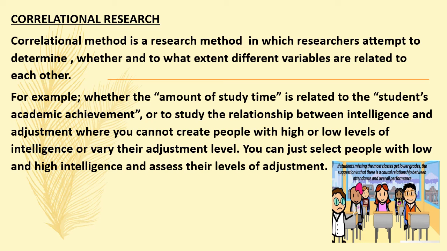You can just select people with low and high intelligence and assess their levels of adjustment. Okay, so if students missing the most classes get lower grades, the suggestion is that there is a relationship between attendance and overall performance. So basically in correlational research, we just try to find whether there is any relation between certain variables or not. Okay.